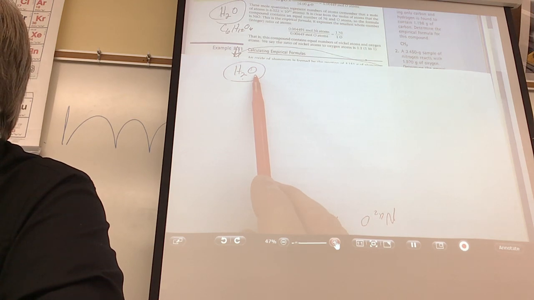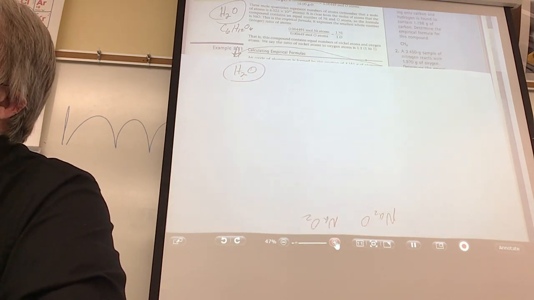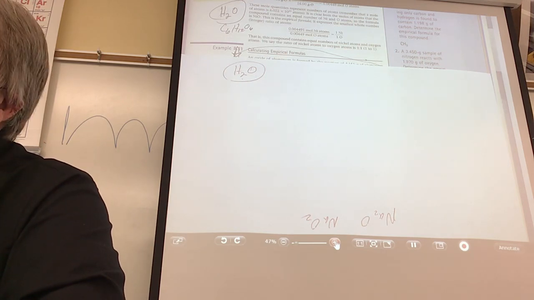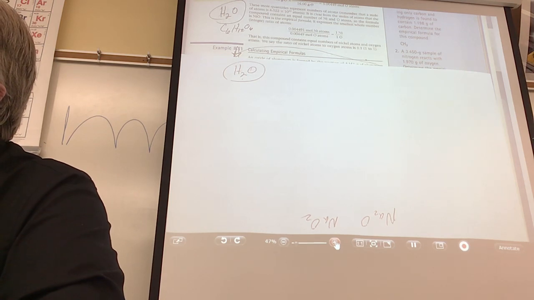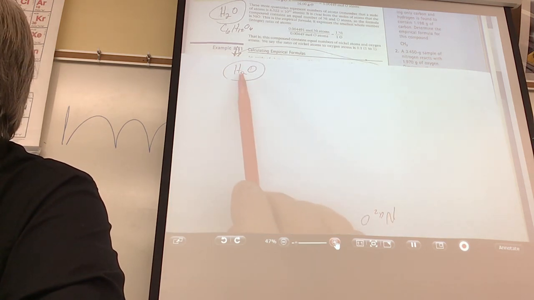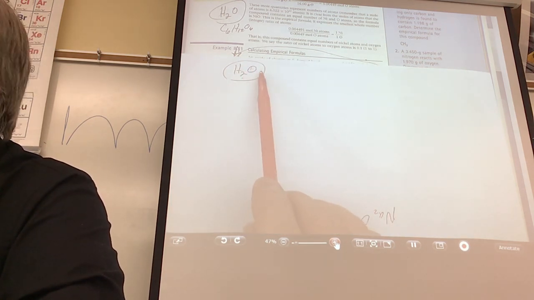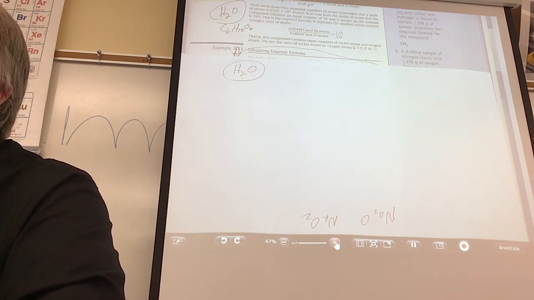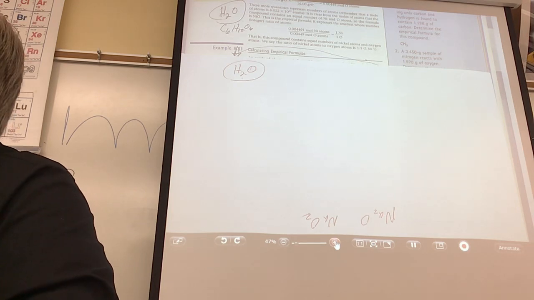Is that what that is? What world are you in if you want to be in the formula world? I'll give you a clue. It's the world of number of particles. I need 2 of those particles combined with 1 of those. Now, what word means you're in the world of number of particles? Mole.